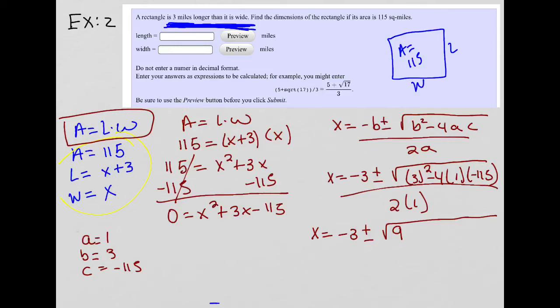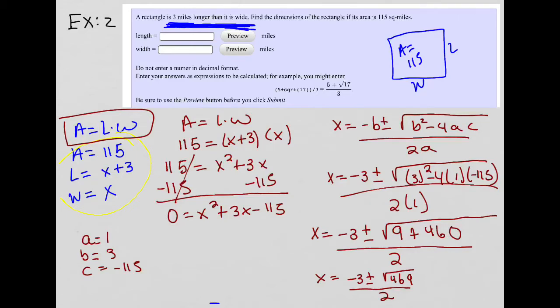Negative 4 times 115. Negative 4 times 1 is negative 4. Negative 4 times negative 115 is positive 460. Then we keep going. Continue to simplify. 9 plus 460 is 469, divided by 2.